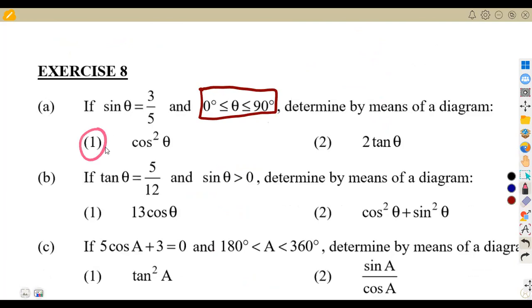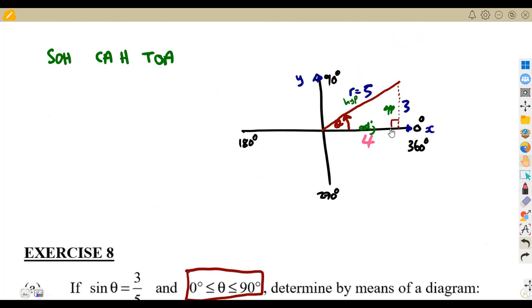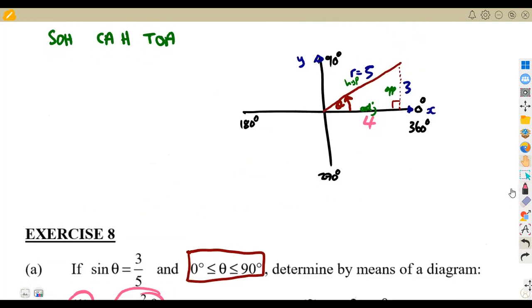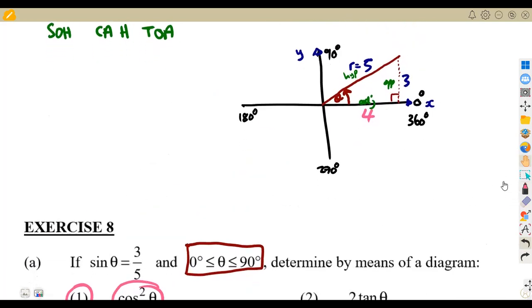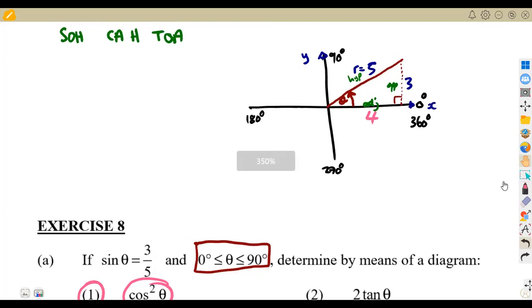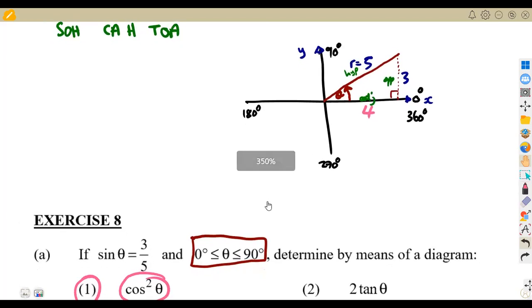The first question was to calculate the value of cos squared theta from this triangle that we have. Now we've got all the information that we need on our diagram. So what is going to be the value of cos squared theta in this case? Remember what I mentioned before, that when you are dealing with a square like this, cos squared of theta means the cos of theta squared.